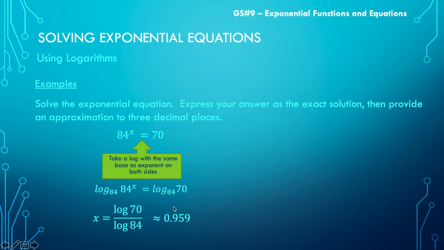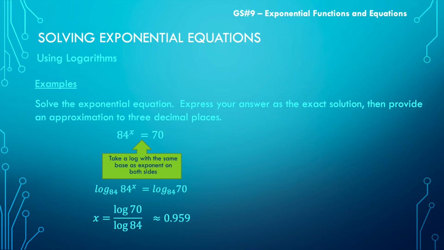Now, there's strengths to both of these answers, right? Because this is an exact solution, but not very many of us know what number that's about. We don't know that it is approximately 1. We just don't know that. But we do know that when we approximate it, we can relate to it better because we know that 0.959 is just shy of 1.